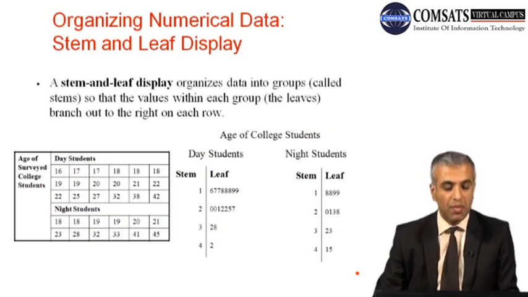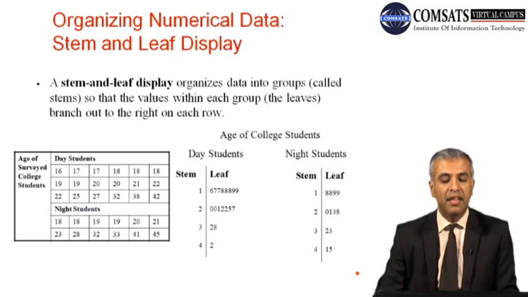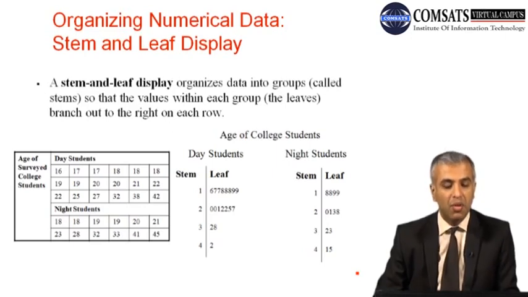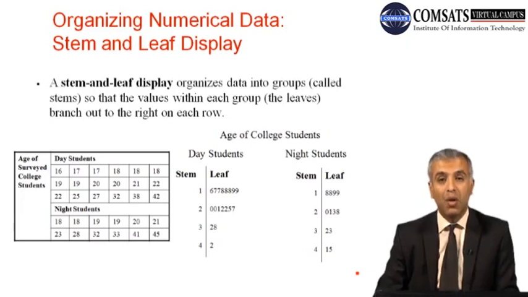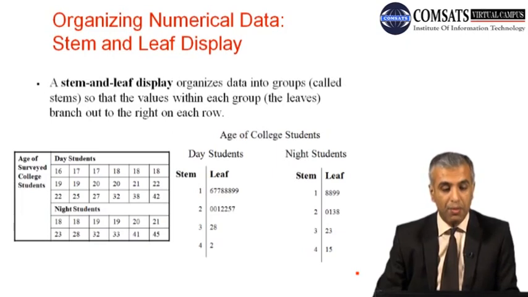So the numbers with 1 as the first digit here are 16, 17, 17, 18, 18, 18, 19, 19. So basically these are 8 values in which the number 1 comes in the first place.